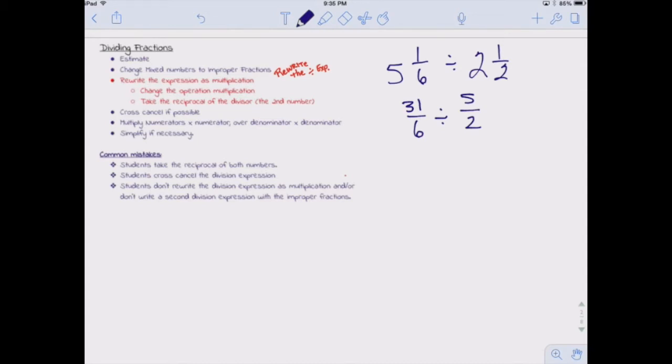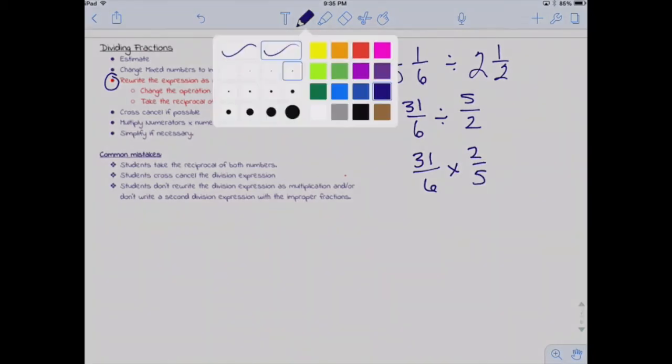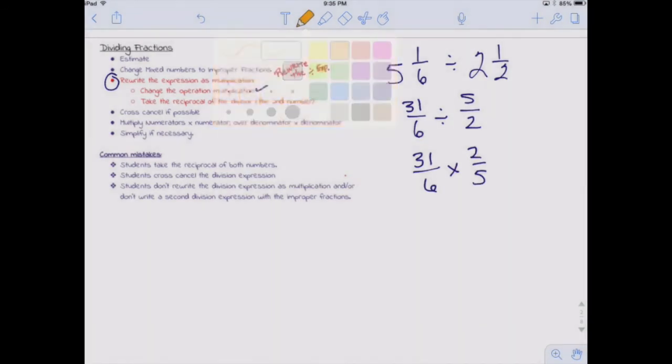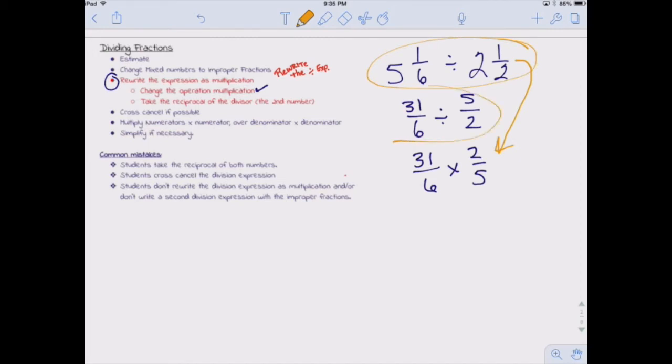Now, this is where we can start this step. Rewrite the expression as multiplication. First number stays the same, 31/6, times, change the operation to multiplication, and then take the reciprocal of the divisor, 2/5. I guarantee, I can't say it strong enough, that if you think you can go right from the division of mixed numbers to your multiplication of your fractions in one step without rewriting this one step in the middle, you're going to forget your reciprocal.